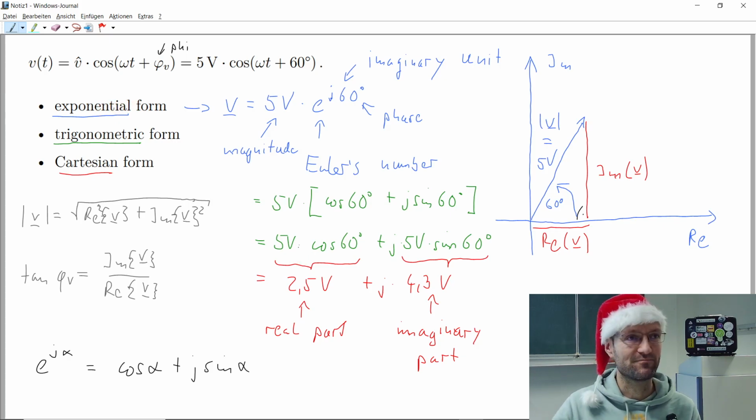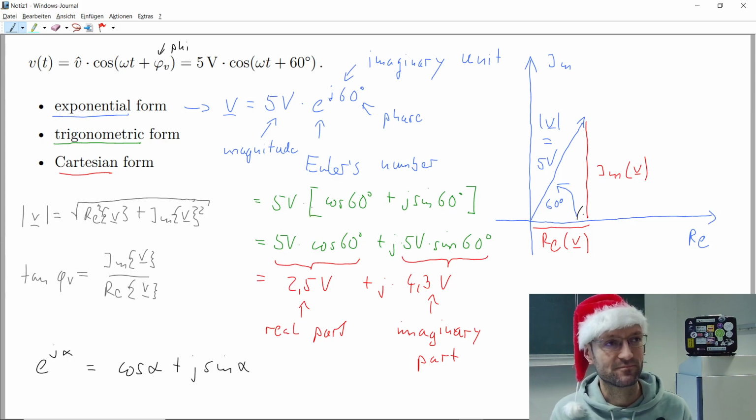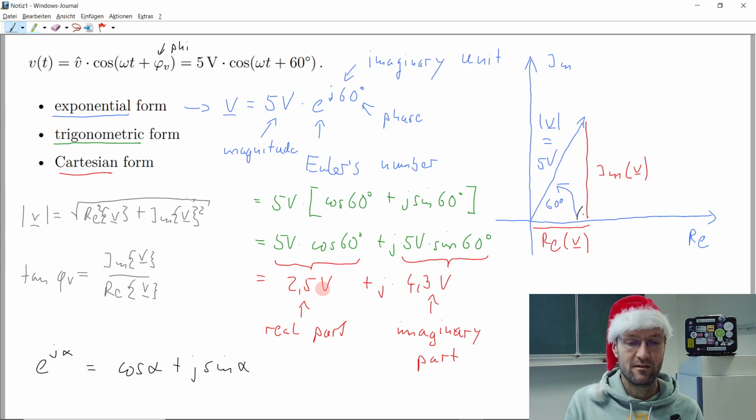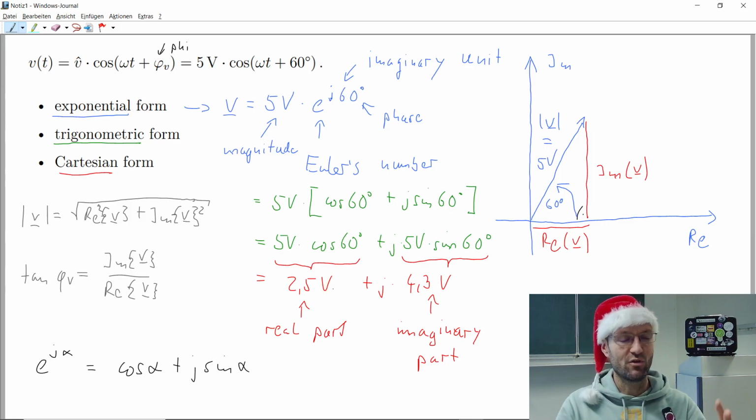Someone an idea? Why do we need to convert complex numbers between this exponential form and the Cartesian form back and forth? There's an idea. Isn't it easier to multiply imaginary numbers with the Cartesian form, and it's easier to add them if they're in the exponential form? Yeah, so exactly the opposite.